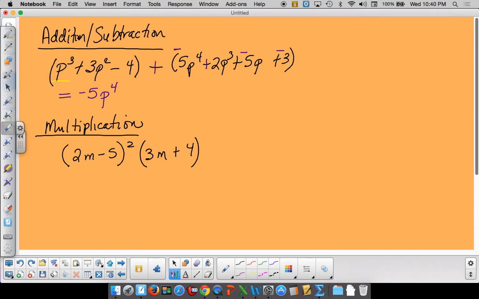There's p cubed and positive 2p cubed. So if I combine those now, that's going to give me plus 3p cubed. Then I would look for p squareds, and I am only seeing one of them. So I would have just the plus 3p squared.